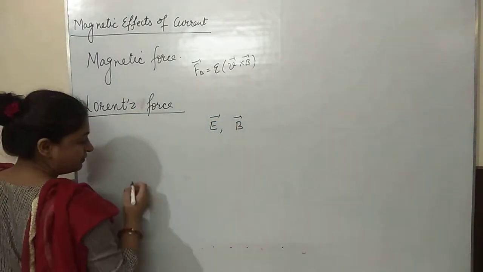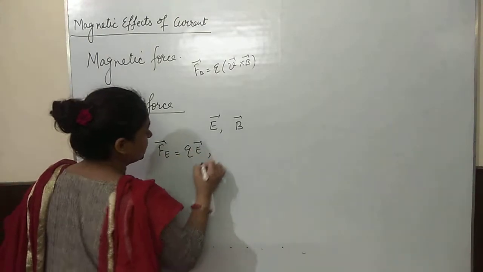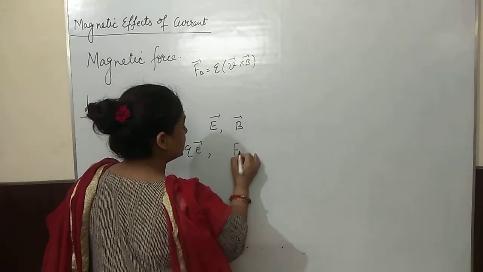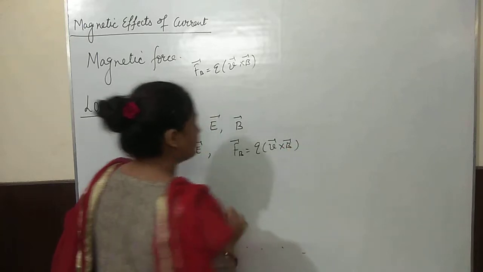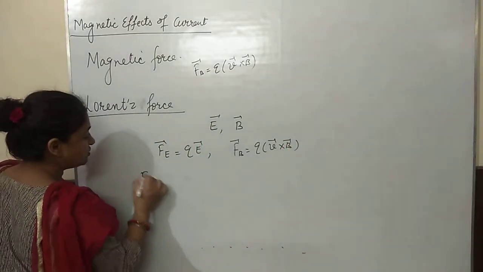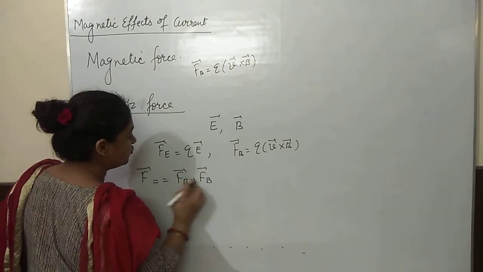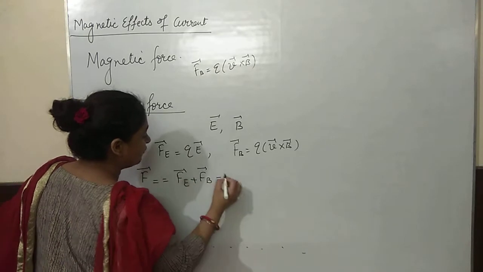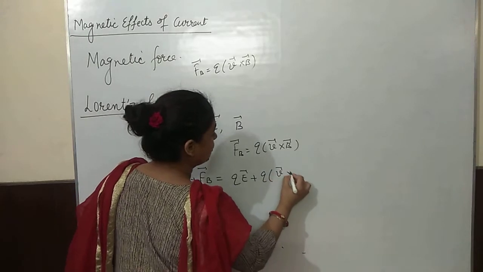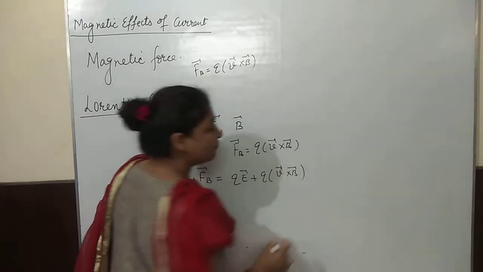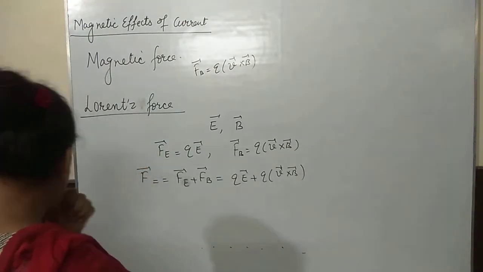We know the force due to the electric field is QE and the force due to the magnetic field is Q times V cross B. Now the net force on the charged particle would be the resultant of these two forces, that is Q times E plus Q times V cross B. So this resultant force acting on the charged particle is called Lorentz force.